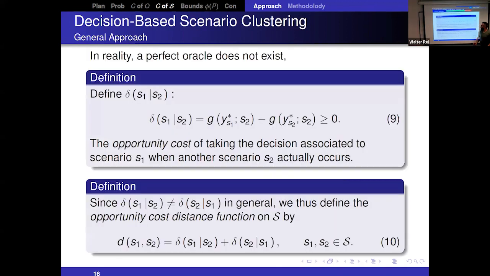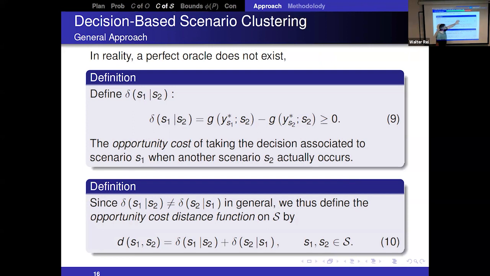So the idea here is that the dissimilarity between two scenarios would be as follows. If I predict scenario 1, I would solve the deterministic problem based on S1 and get Y star S1, but then S2 turns out to be observed.